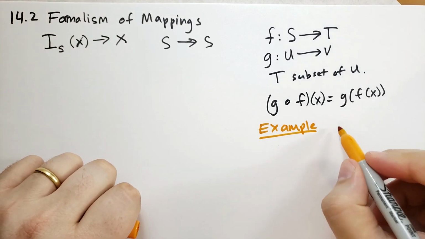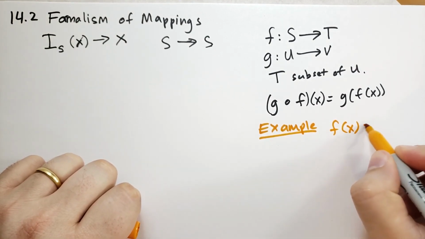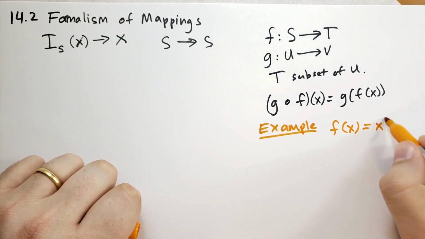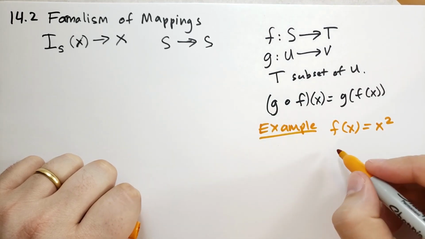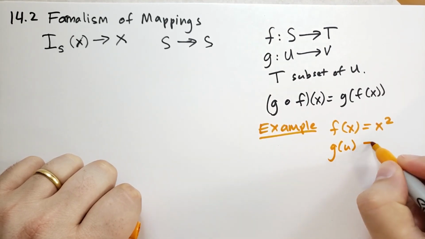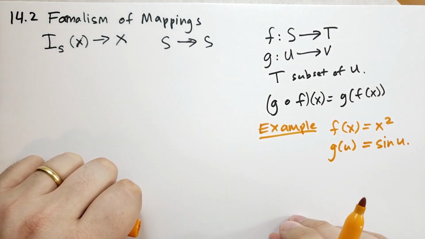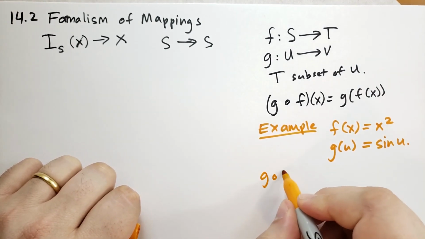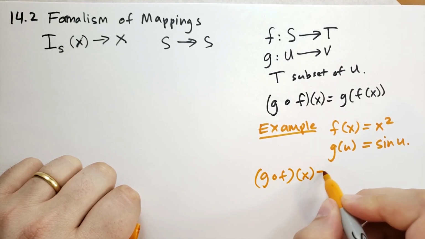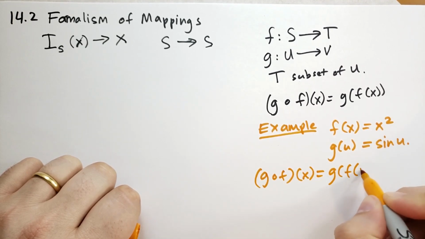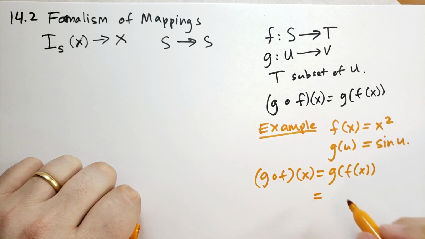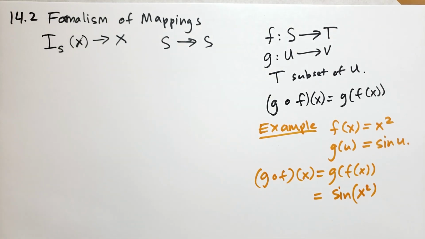He says, let F of X be defined for real numbers such that the mapping is X squared, and let G of U be defined such that it is the sine of that number. Okay. And so we can say G of F of X is going to be sine of X squared, right? That's all it is.